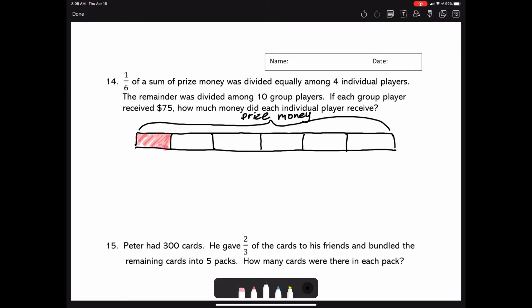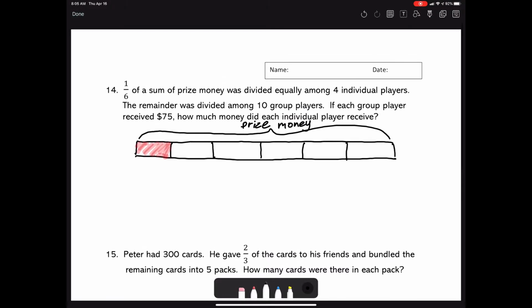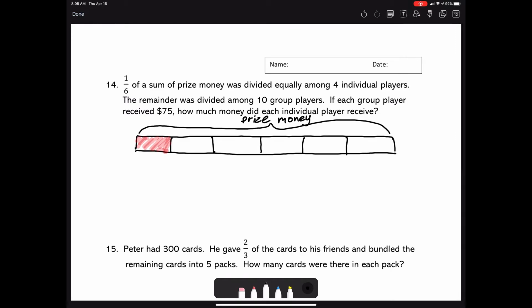So 1/6 of the prize money is divided equally among 4 players, so that 1/6 is cut up into 4 equal pieces. And each of these pieces is an individual player.